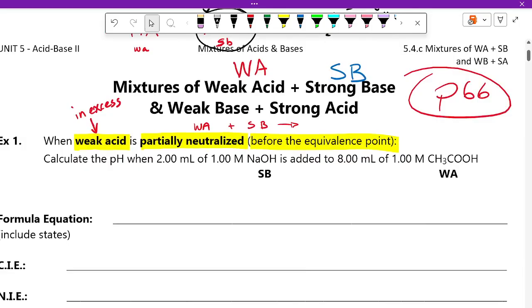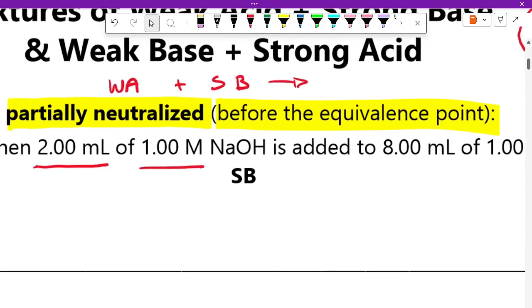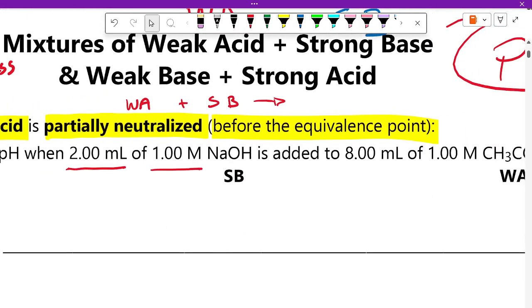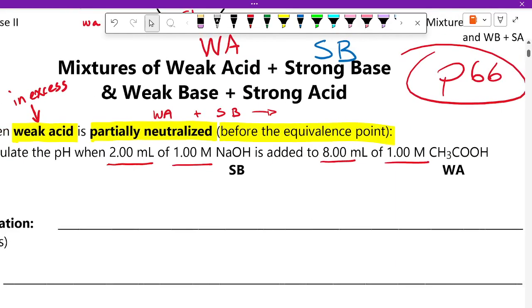So we're going to calculate the pH when 2 milliliters of 1 molar NaOH is added to 8 milliliters of 1 molar weak acid. So let us write our formula equation.